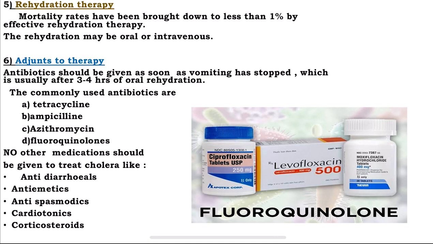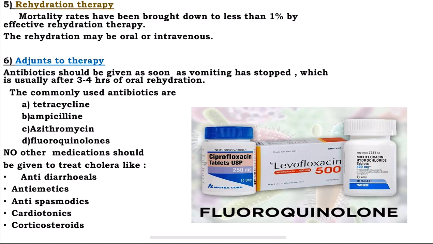All of these are used, and what do they do? They are bacteriostatic. They prevent the growth of the bacteria. They inhibit protein synthesis; the DNA gyrase, which is required for the DNA synthesis of the bacteria, is cut down. And no other medication should be given to treat cholera. Antidiarrheals should not be given, antiemetics are not recommended, antispasmodics not recommended, cardiotonics, corticosteroids, all of these are not required during cholera.